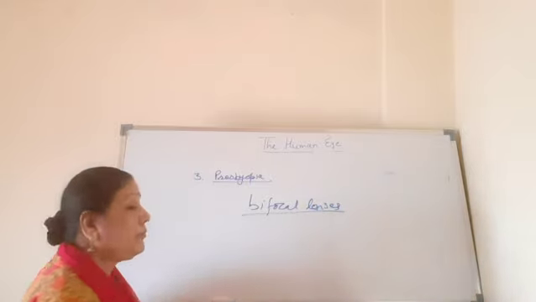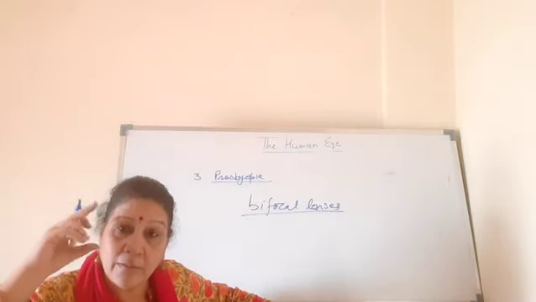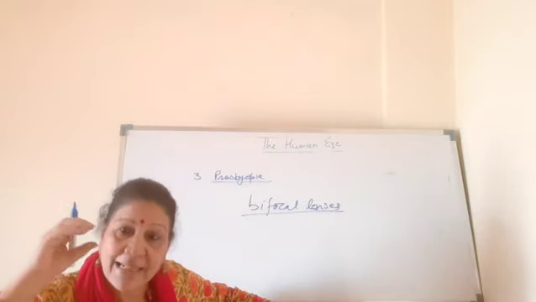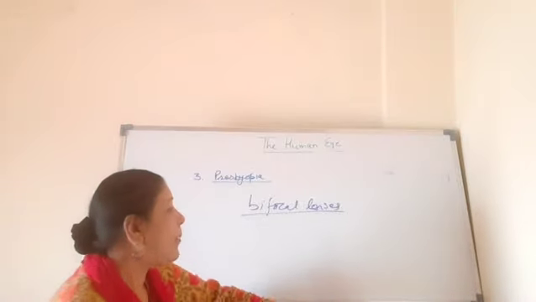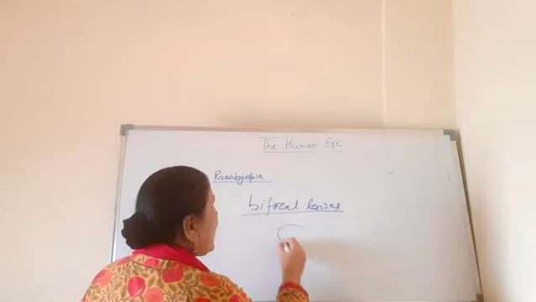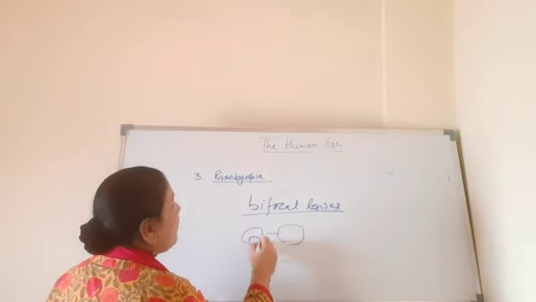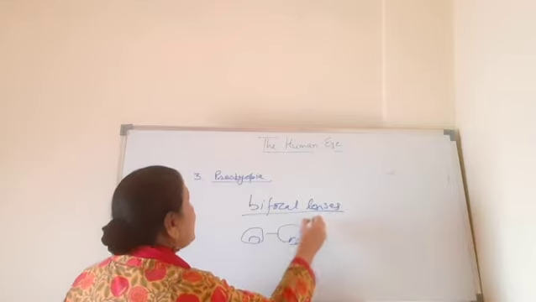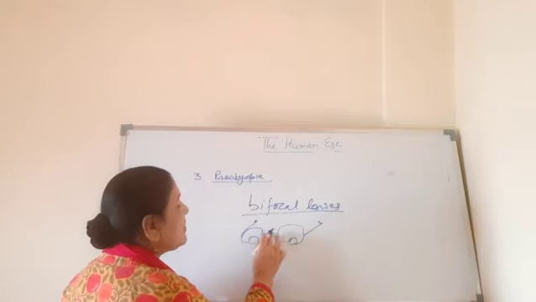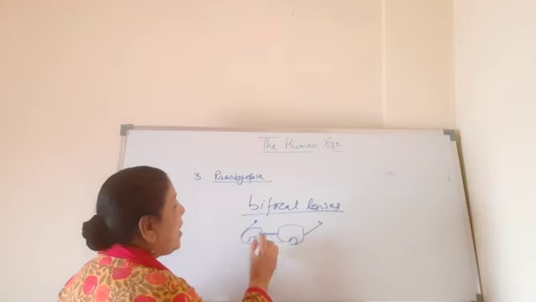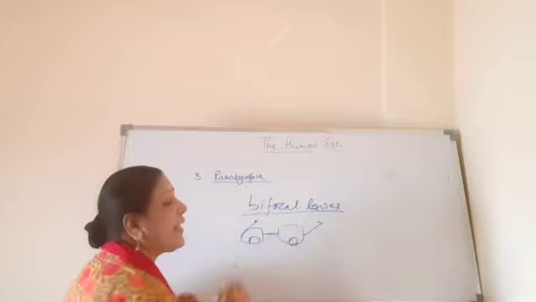where the lower part has two lenses, concave and convex lens merged together. The lower part of the specs I am talking about is the convex lens. You must have seen the lower part is convex lens, which helps the person to read the book and all. And the upper part is concave lens.